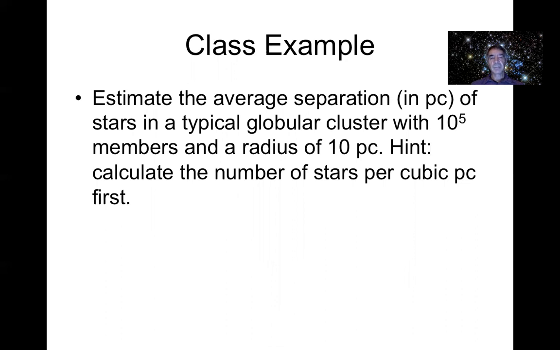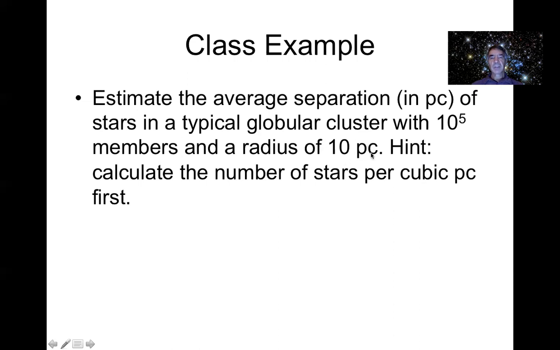And so what I'd like you to have a little think about here is to estimate the average separation, again keeping everything in parsecs, of stars in a typical globular cluster. I've just mentioned that globular clusters might have something like 100,000 members, so 10 to the 5 stars, and they're all packed into a cluster that just has a radius of 10 parsecs.